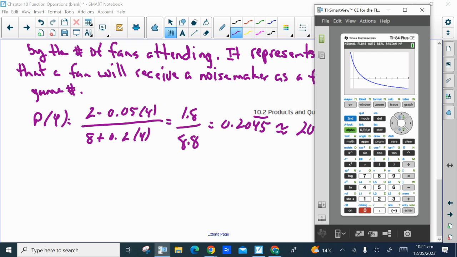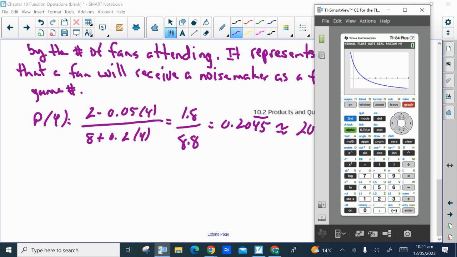As the game numbers increase, the probability is getting smaller and smaller. Okay? And if we found the x-intercept of this graph, and if we look at our window, our x scale is 20, so it looks like the x-intercept appears to be at 40. That's where the probability of receiving a noisemaker is 0.